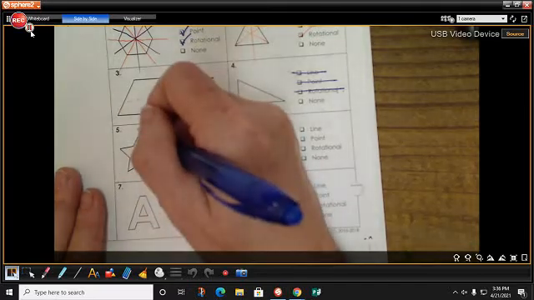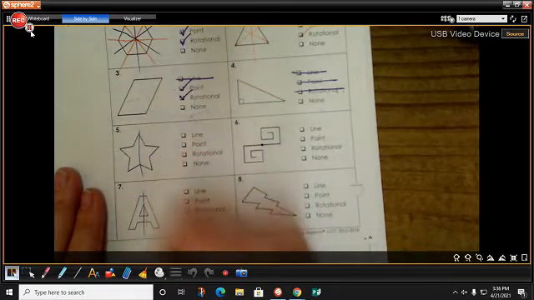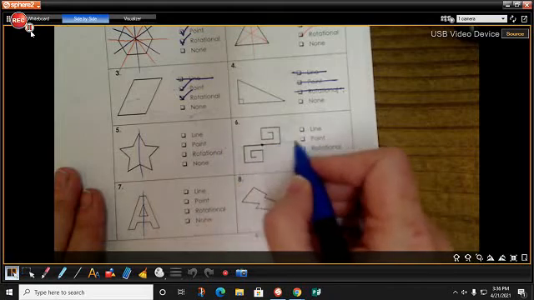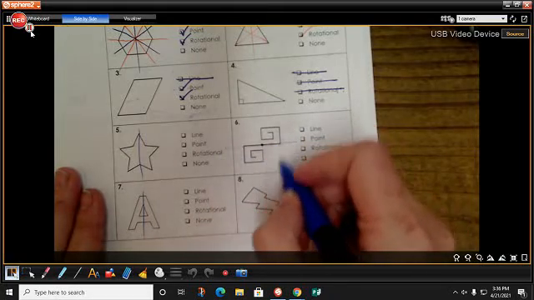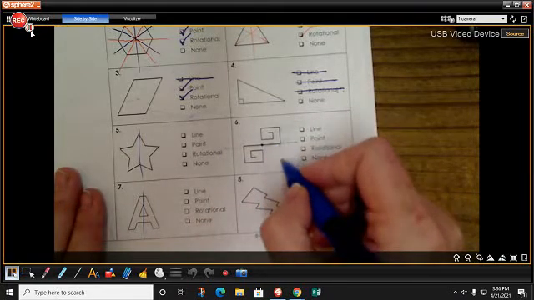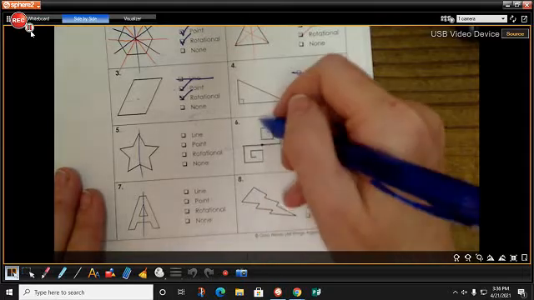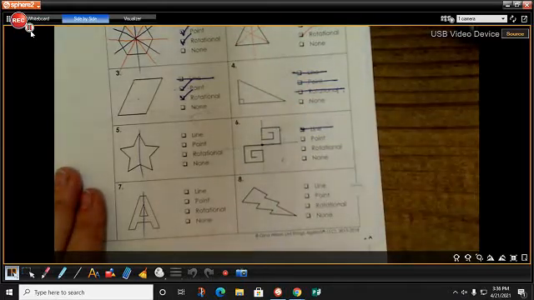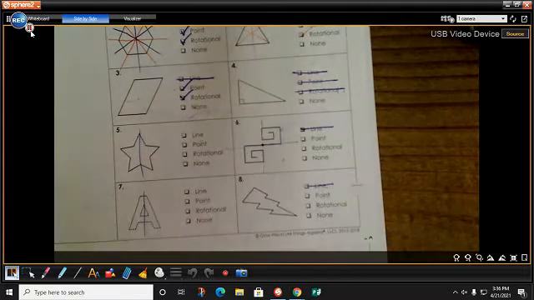Usually you're going to be able to eyeball pretty quick. Oh, yep, those have line symmetry. Oh, but this one, if I draw a line, nope, this doesn't, it's supposed to reflect straight across. Nope. Nope, so it doesn't look like line symmetry here. So you should be able to tell pretty quick if something has line symmetry. Rotation may require a little more work or maybe some tracing paper.